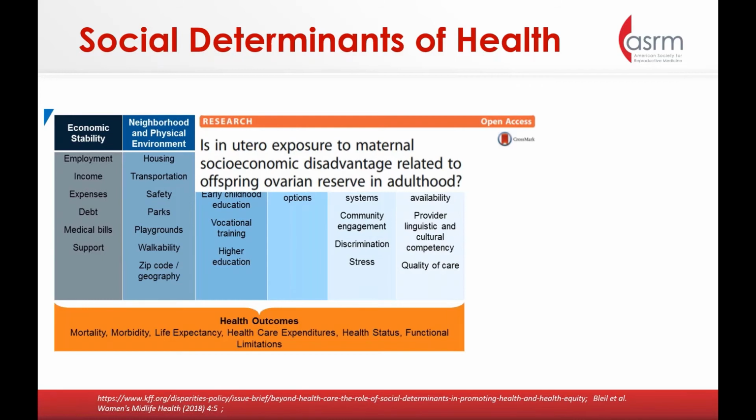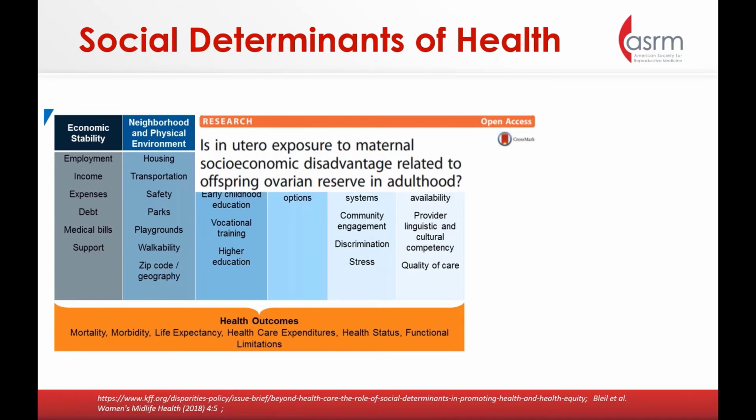So essentially asking the question, do social determinants of health experienced by the mother of OVA participants have an impact on the ovarian reserve of the participants themselves? To determine socioeconomic disadvantage, they used addresses from participants' birth certificates, geocoded them, and linked them to US Census-derived variables, including poverty levels, unemployment rates, and education levels.